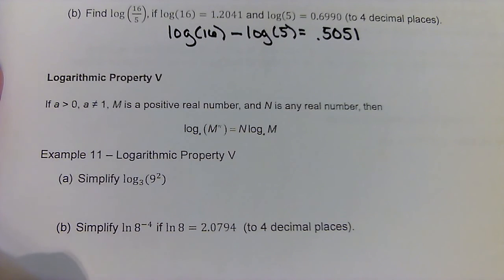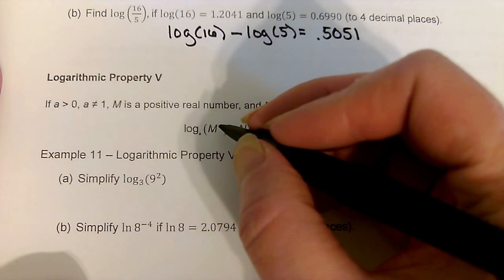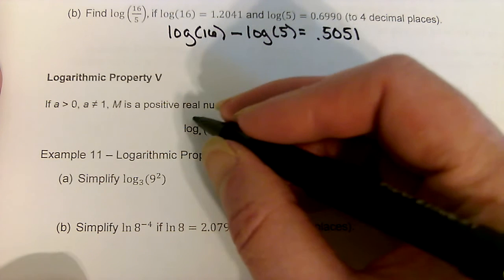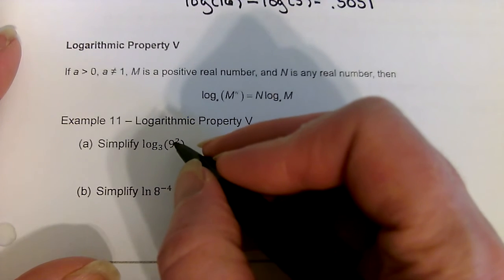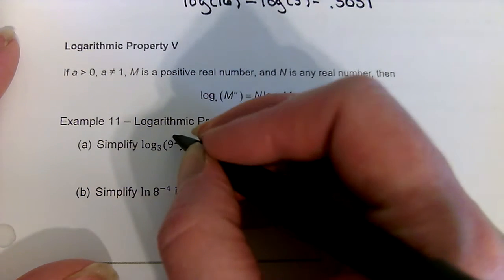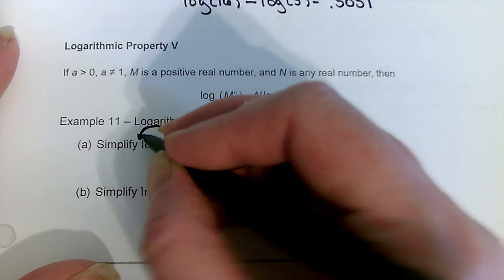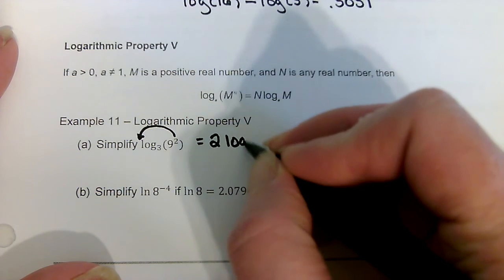Now this one's kind of interesting. If I have something raised to a power, this property says that I can take that exponent and move it to the front. So here, that means if I did 9 squared, that's a really big number. But I could move the 2 out to the front and make this easier to work with.